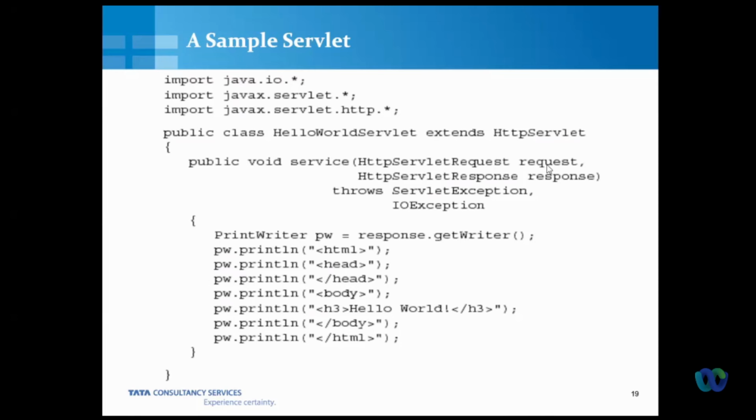We are creating the method. Okay. But we are asking for the request. From where do we get the request? From the client, right? Or from the user.